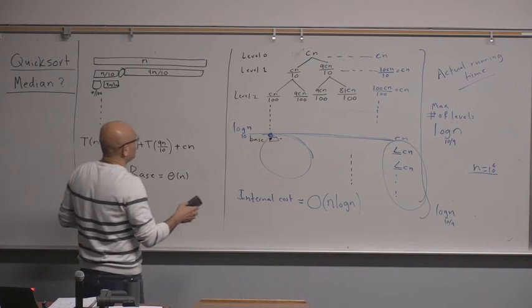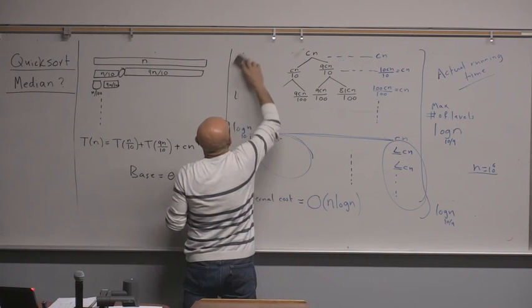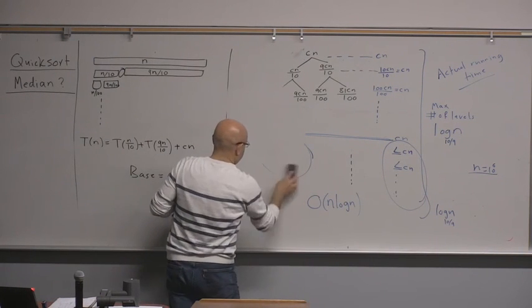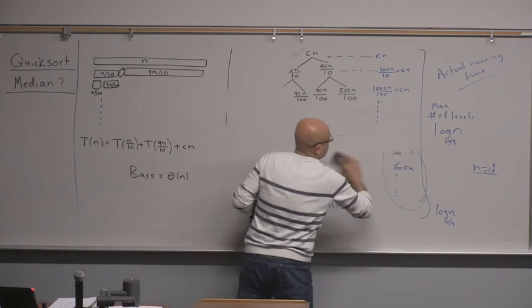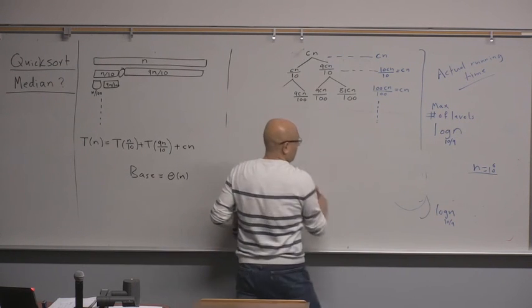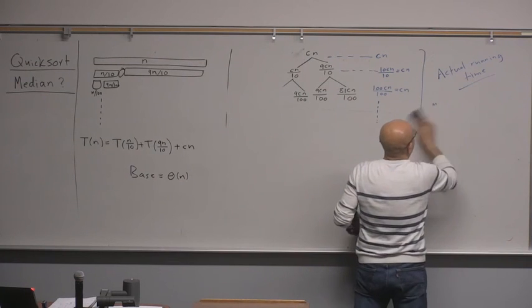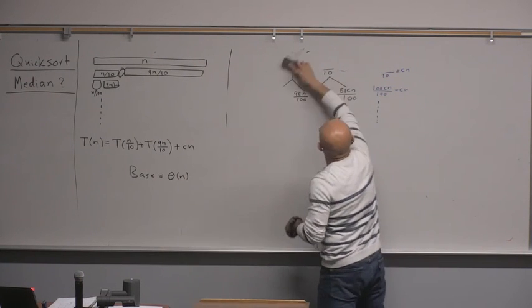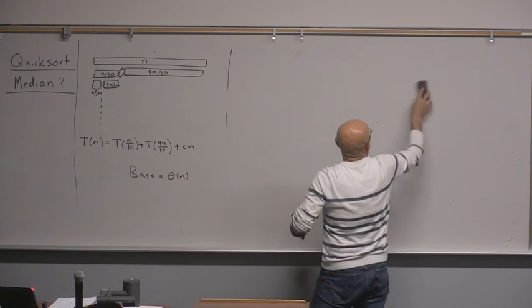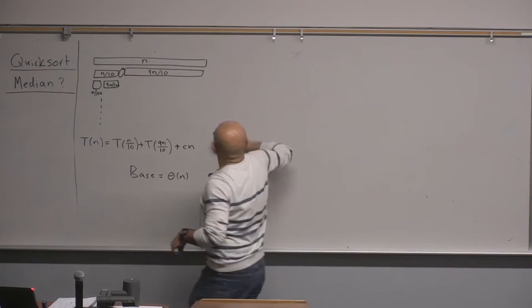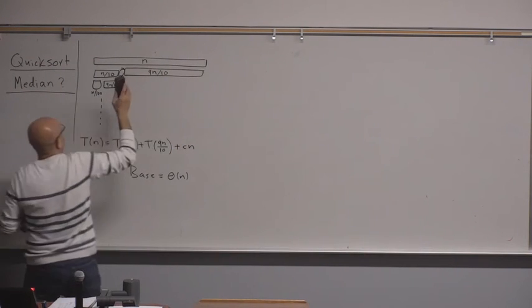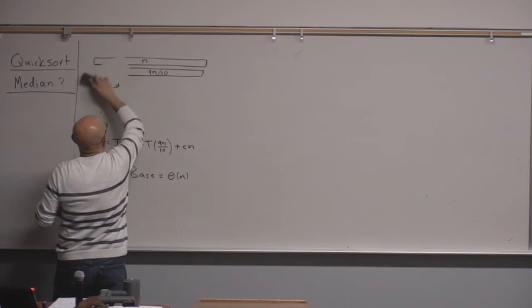Now if we think about the behavior of QuickSort on average, now we have analyzed this case where the ratio is the same at all levels.